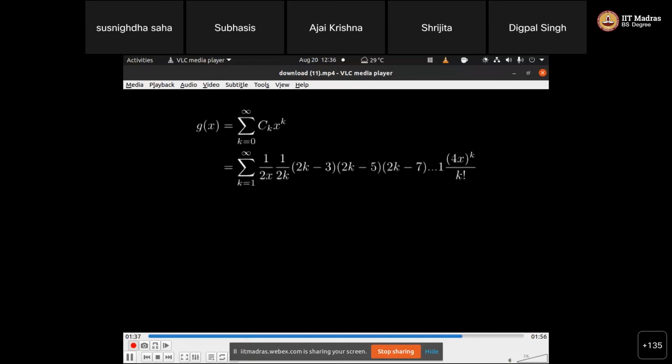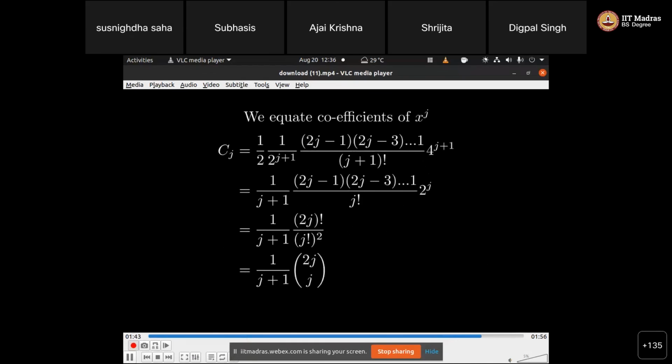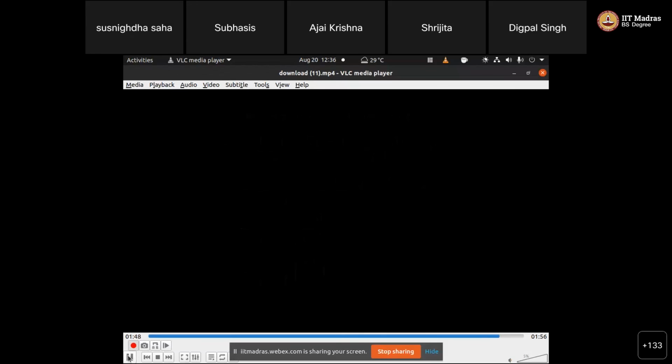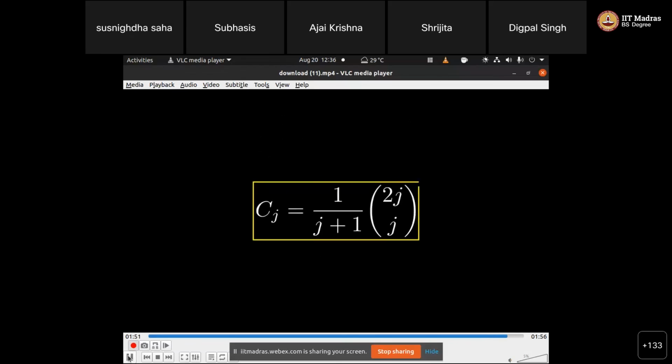If we do that, we need to manipulate it around a little bit. You can rearrange the terms and multiply by j factorial in the numerator and denominator, and it's a fairly simple calculation, and we'll get this last expression, this equality. So this is what we were looking for.